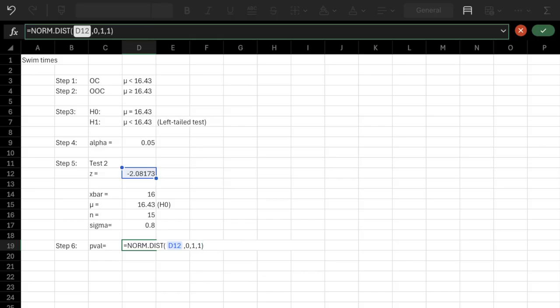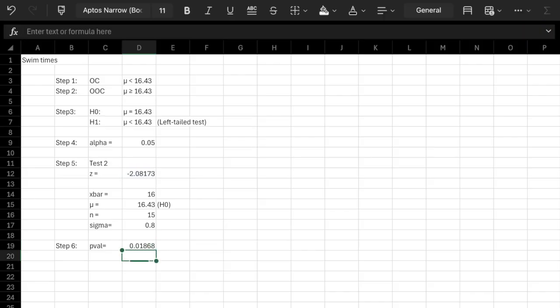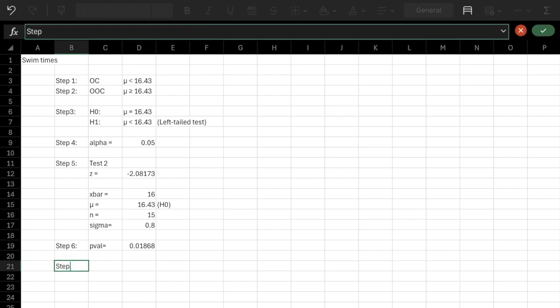I'm going to get the probability, right? This is the area to the left. I'm going to get the probability of getting data as extreme or more extreme than that sample that Frank got from those 15 25-yard swims. 0.018.